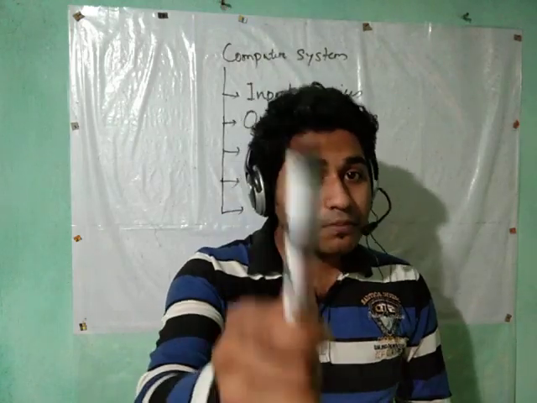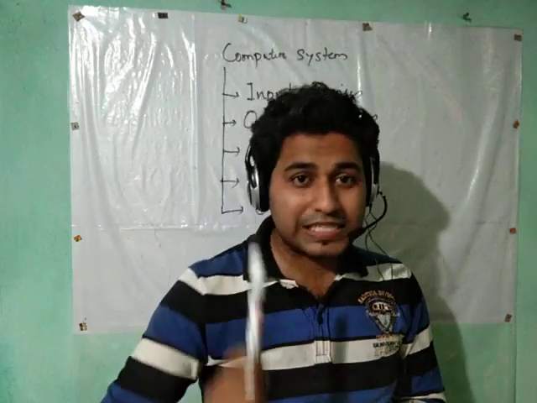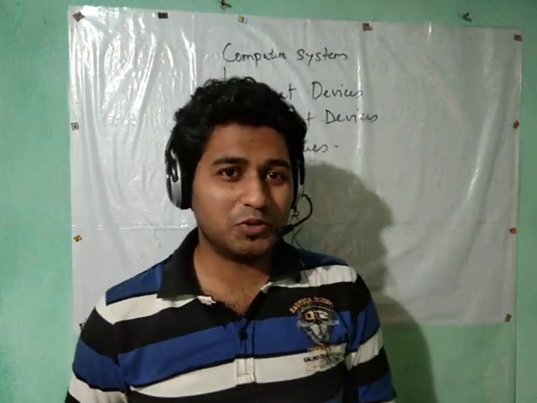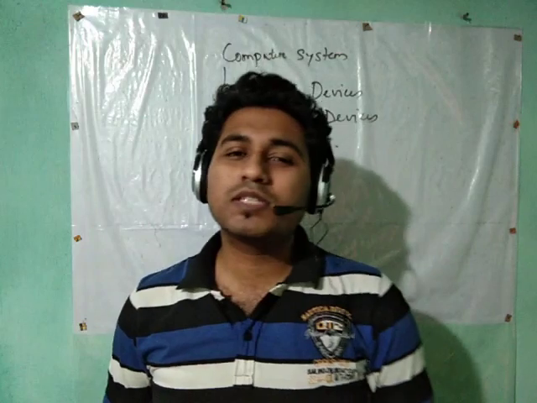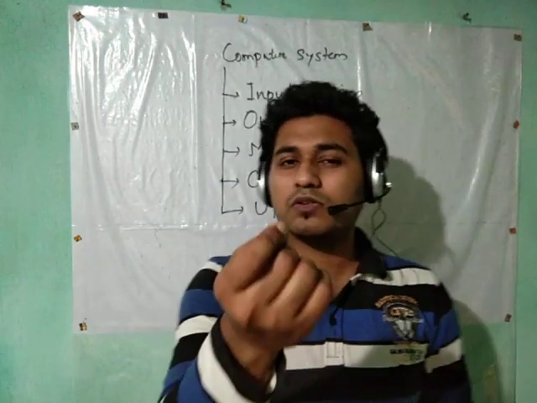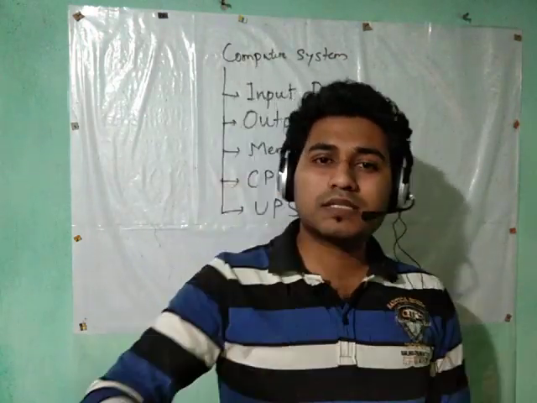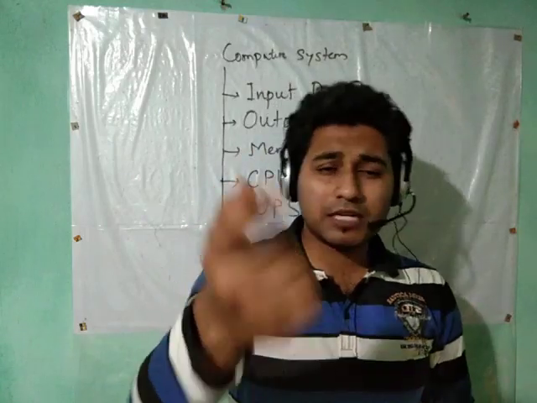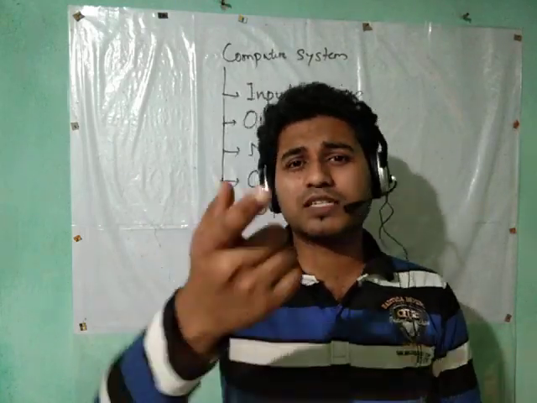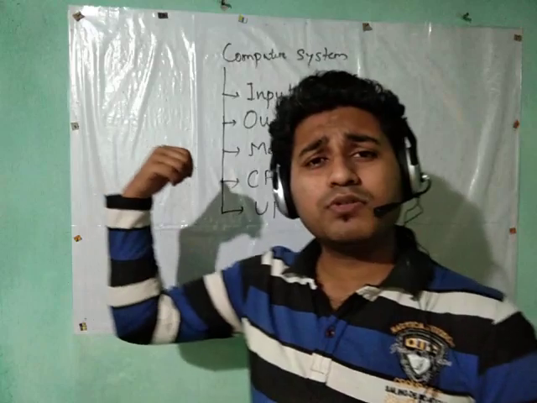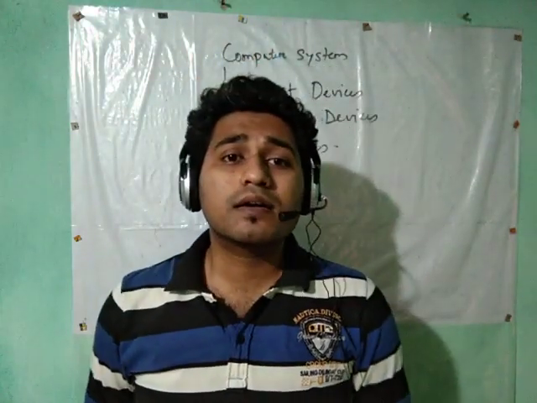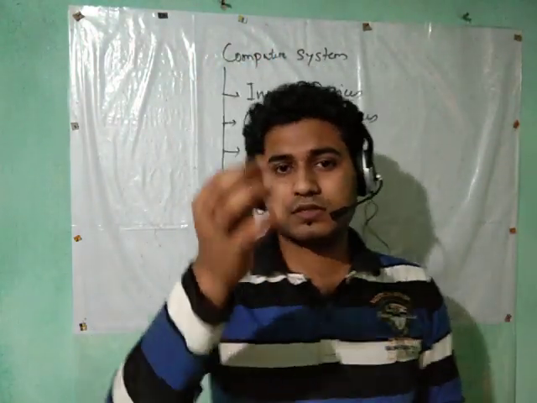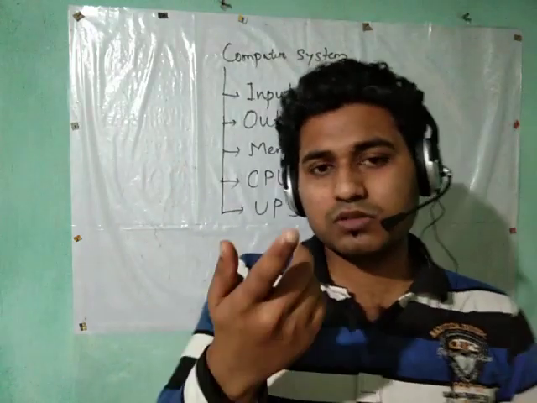See, our mobile through which I am making these videos is also a computer device. It is also a computing device. My phone is a smartphone, so it is acting like a computer, so it is also a computer. Yes, it is almost the smallest computer.